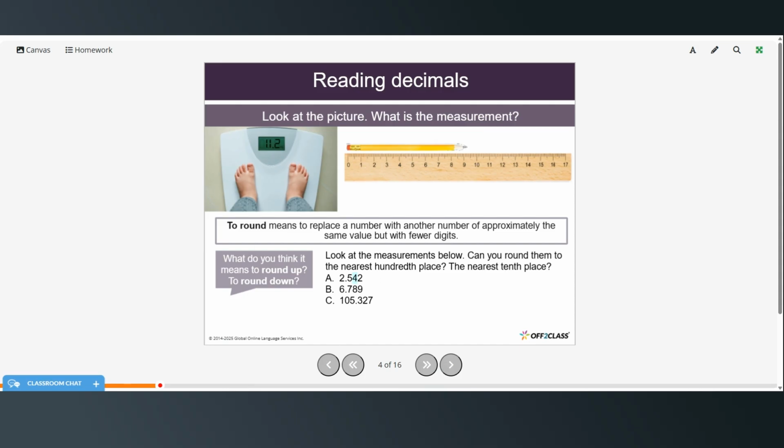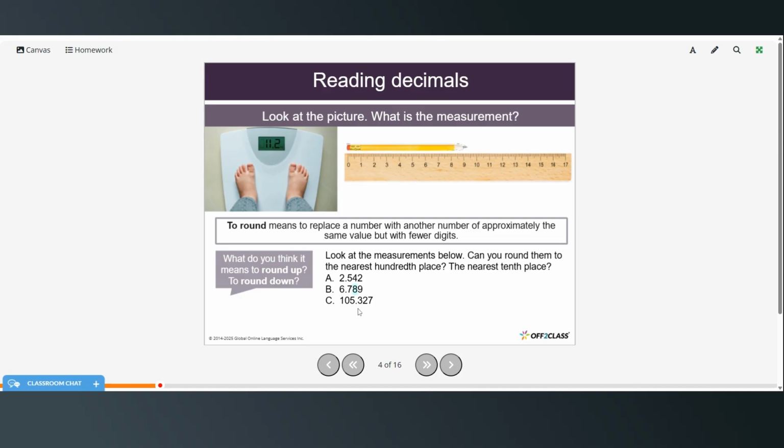The nearest tenths place would just be 2.5. 6.789 would be 6.79 if we round to the hundredths place, and 6.8 to the tenths place.